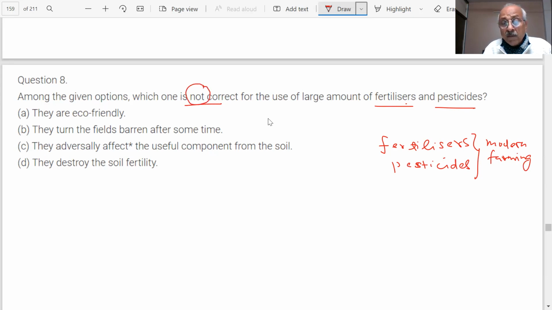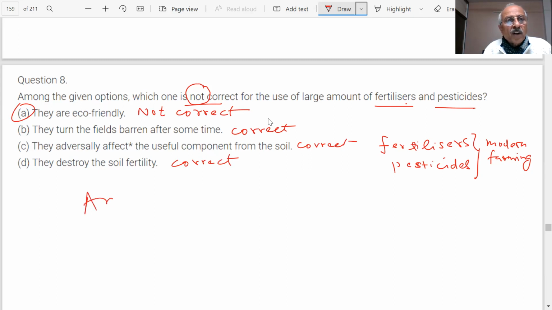Sometimes, students, we have to be careful if they say which one is correct and which one is not correct. So they are eco-friendly, that is wrong. This is not correct. And they turn field into barren, this is correct. And they destroy, this is also correct.